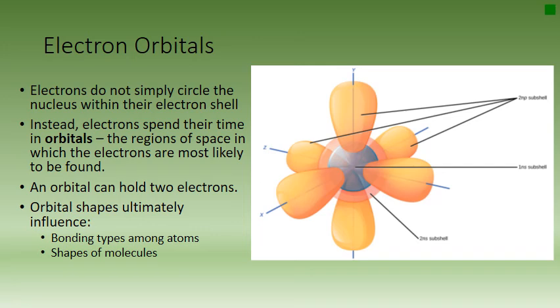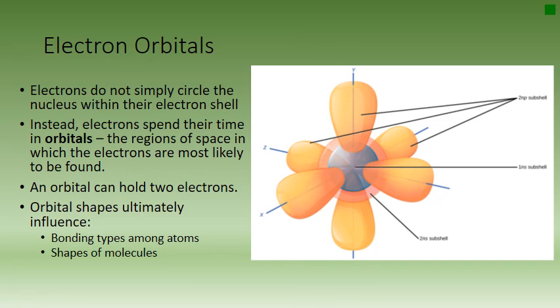These are three-dimensional regions of space in which the electrons are most likely to be found. These regions of space, these shapes, range from very simple spheres to very complicated looking dumbbells and donuts and clover leaves. And these shapes are derived from very complex mathematics that is beyond the scope of this presentation.